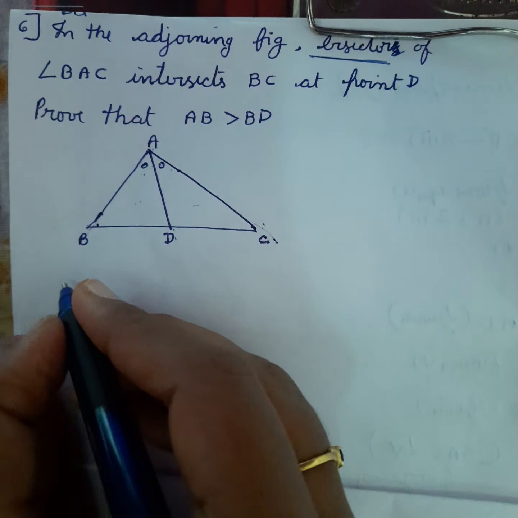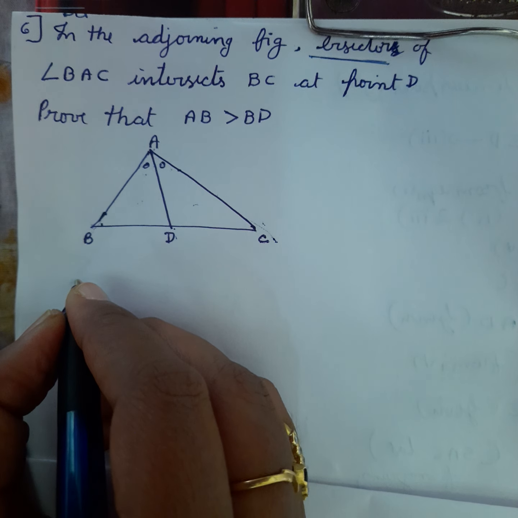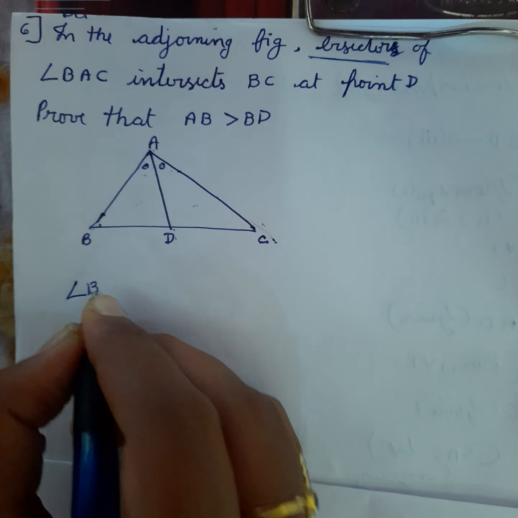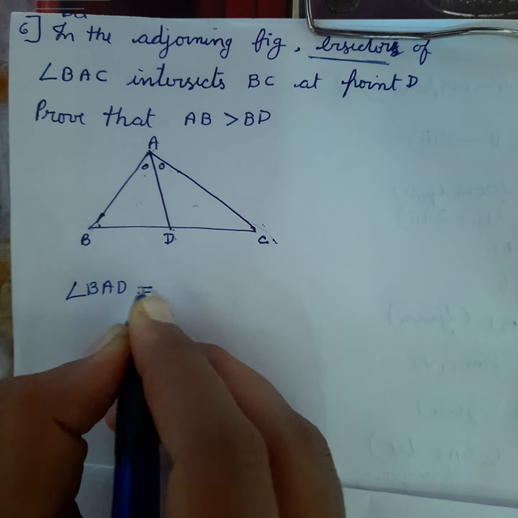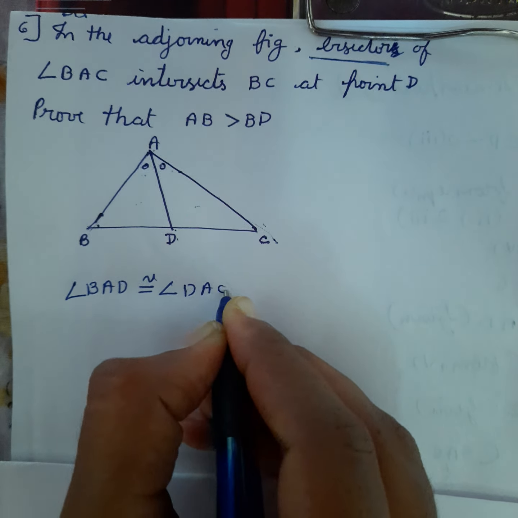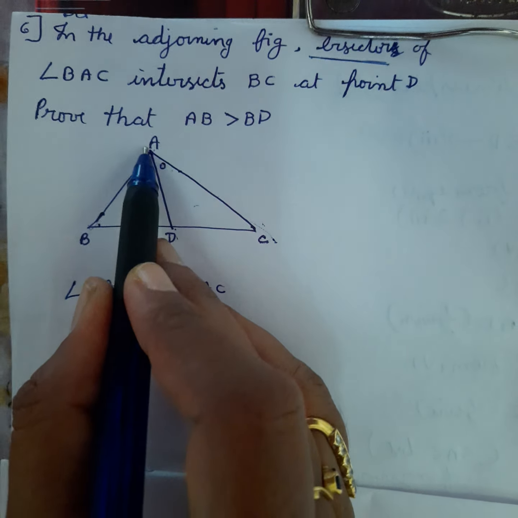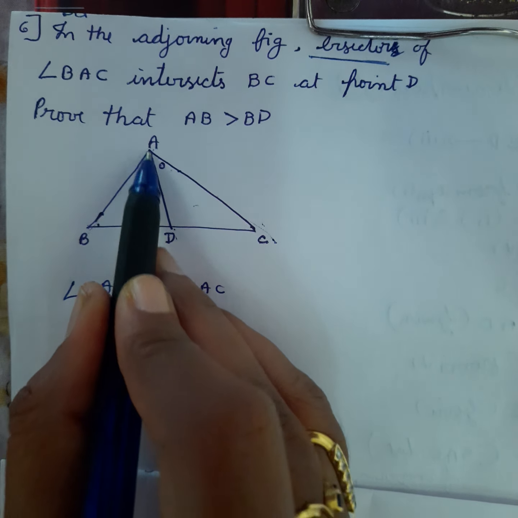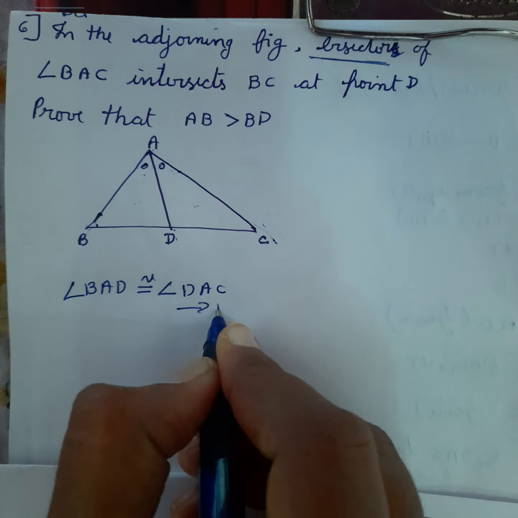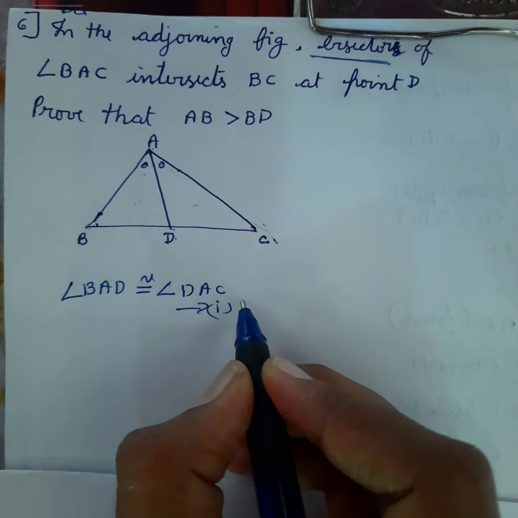So if AD is the bisector of angle BAC, we can write angle BAD is congruent to angle DAC. Angle BAD and angle DAC, these two angles are congruent. Consider this as equation 1. Why are these congruent?